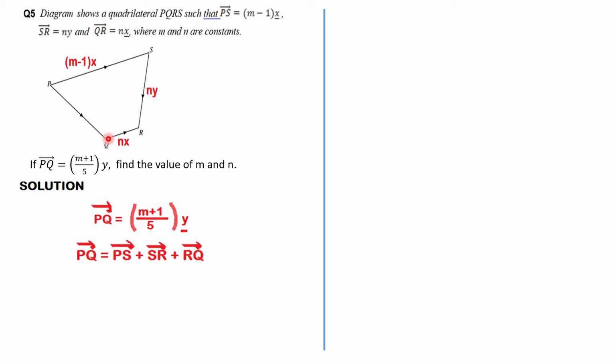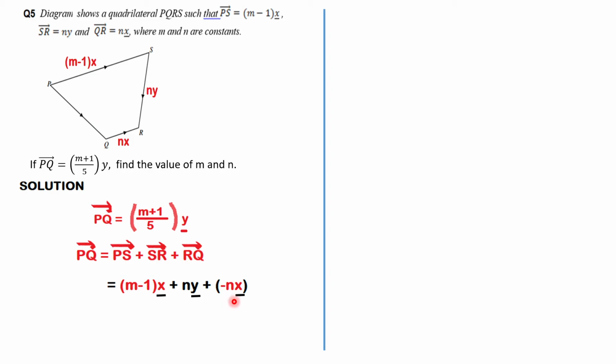Remember, you begin at point P and you must end up at point Q. So P is the initial point, Q will be the terminal point. Now you have PS and SR, so you just substitute the given vectors into the equation. But here you are given QR, but what we want is RQ. Since we are moving in the opposite direction of QR, therefore RQ will be negative nx. PS the same, SR the same.